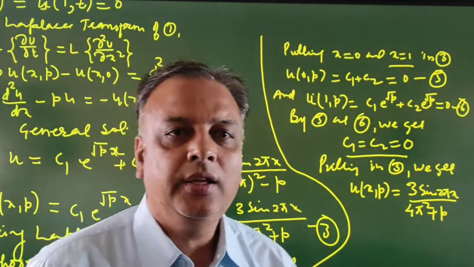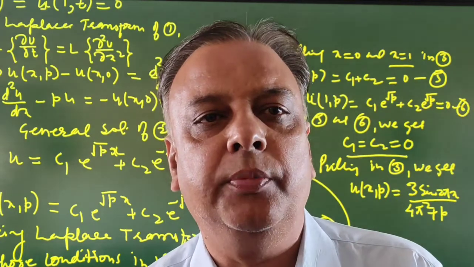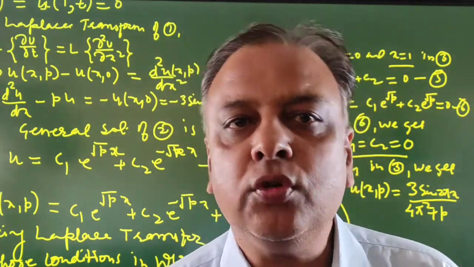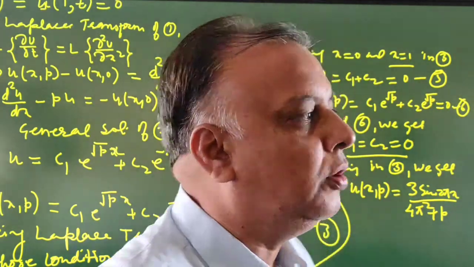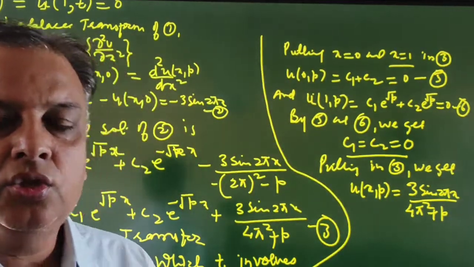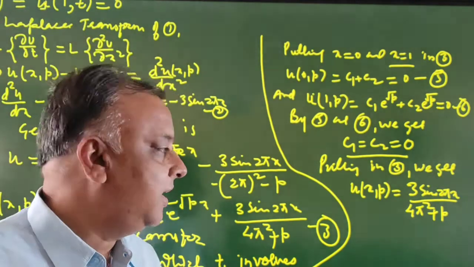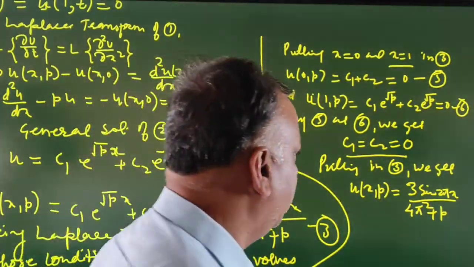As we know, u(x,p) is the Laplace transformation of u(x,t), that is u. We have to find the value of u, that is the solution of the given partial differential equation. So u(x,t) is the inverse Laplace transformation of u(x,p).